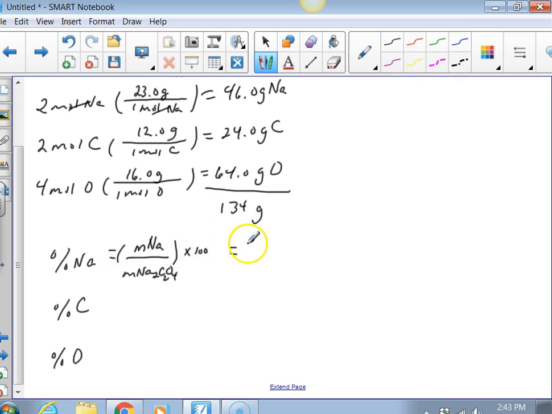The mass contributed by sodium would be 46 grams, from here, divided by 134 grams times 100. So 46 divided by 134 multiplied by 100 gives us 34.3%.